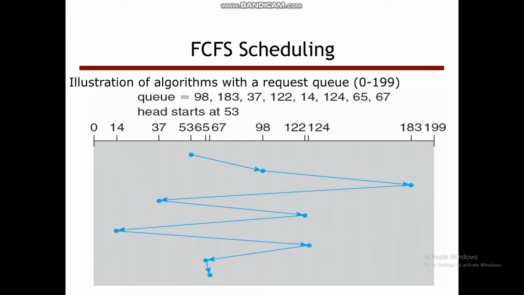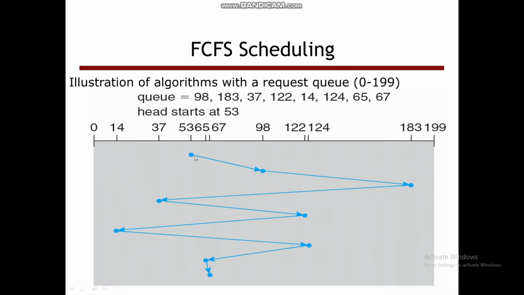The disk head is initially at position 53, and we will see how it moves. It starts from position 53. In FCFS scheduling, the first job is 98, so the first head movement is to 98.